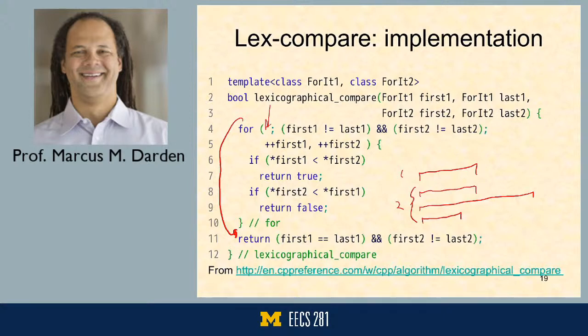And so you can apply this return statement here, and this actually is going to return true if the first one is equal to last one. So in the case of first 1 equal to last 1, if both of them are the same length and I've gotten through the for loop, I'm going to return true because those are the same.